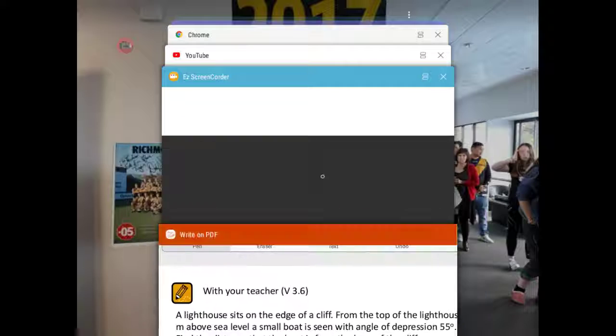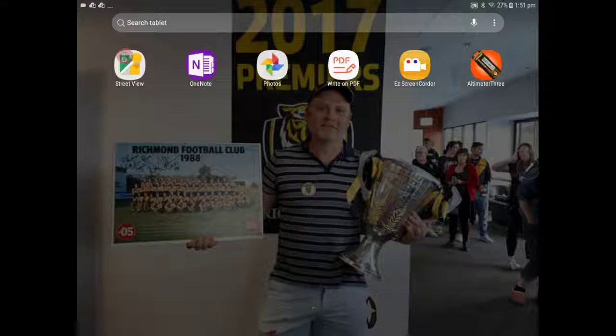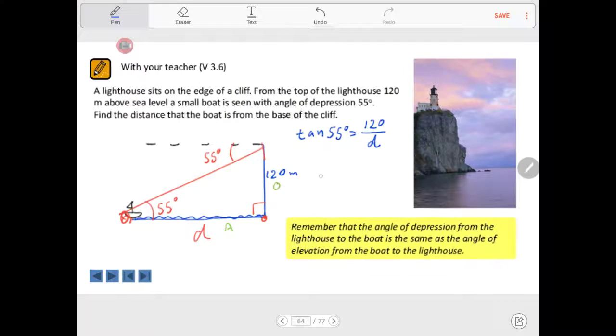So our distance is equal to 120 divided by tan 55, which gives us about 84 metres.